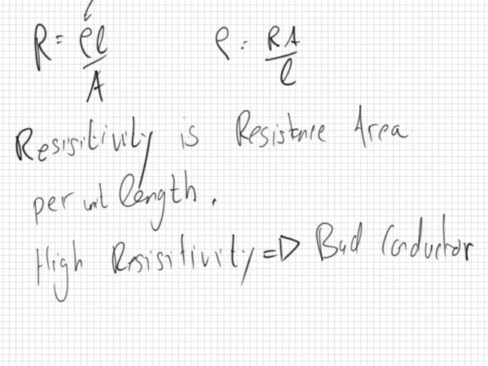High resistivity, bad conductor. Per unit length. Resistance. Okay.